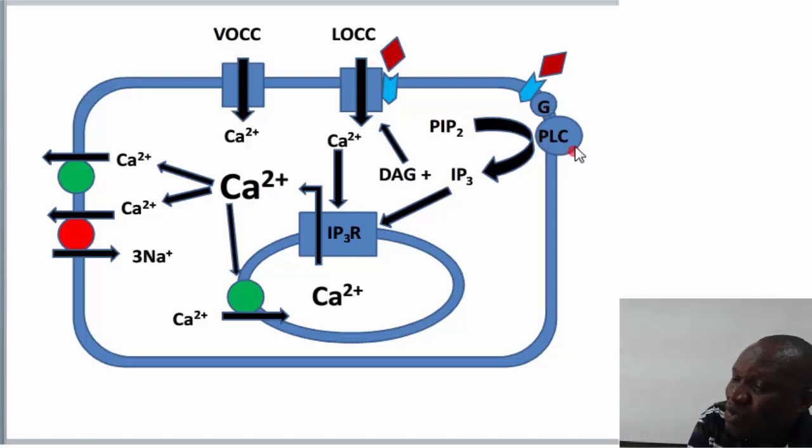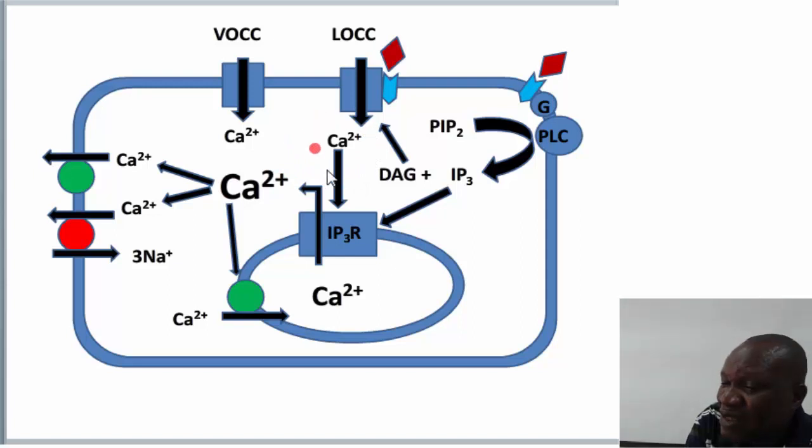Phospholipase C will convert PIP2 to IP3. IP3 is a second messenger. Now, the PIP2 is converted into IP3 and DAG, which are both second messengers. IP3 will go to the sarcoplasmic reticulum, where it will bind to IP3 receptors and cause release of calcium into the cell.